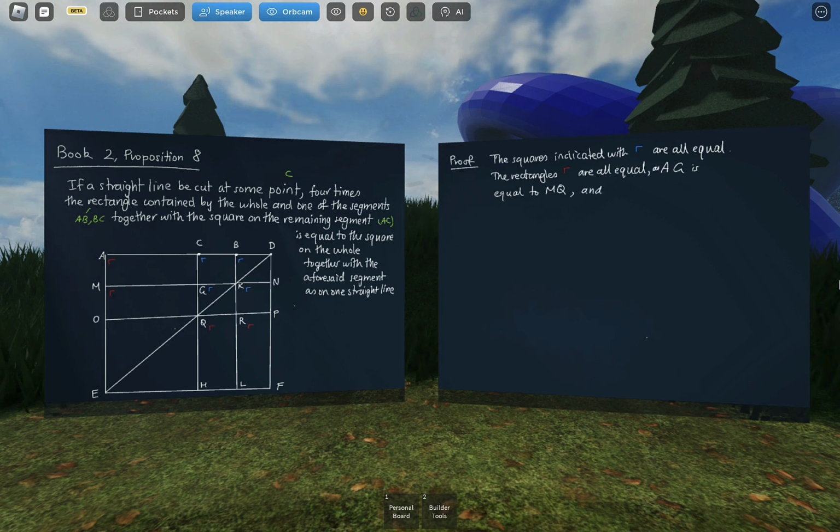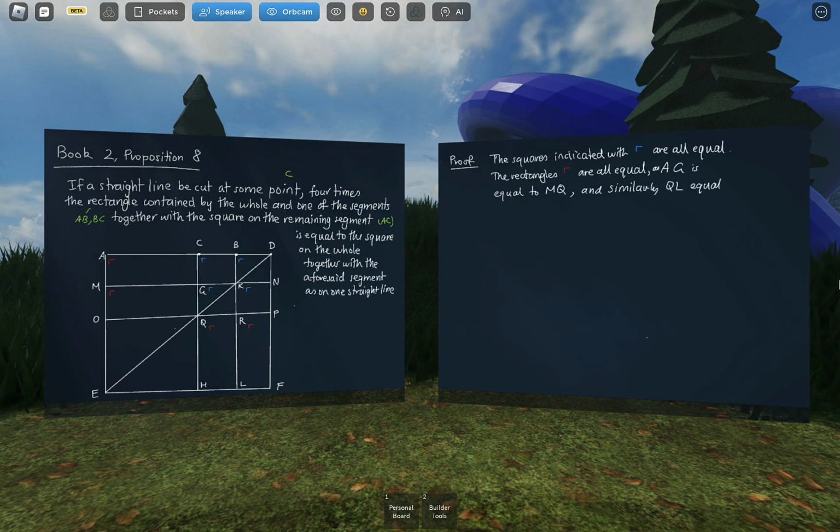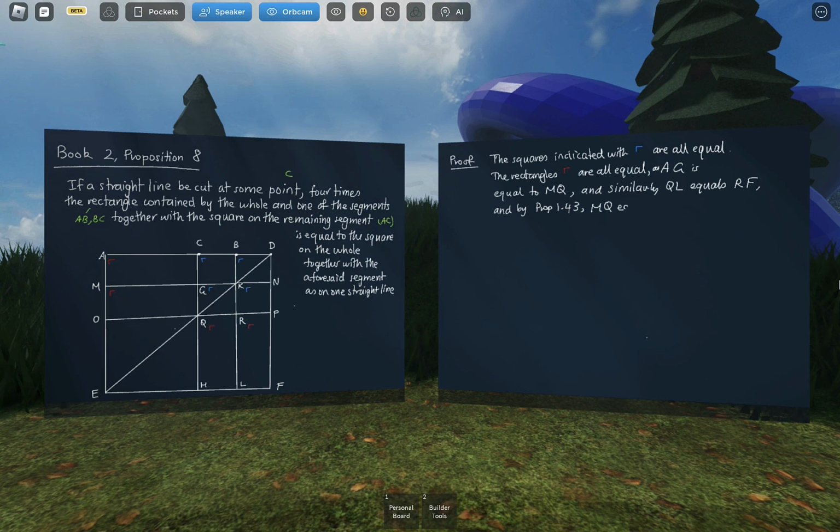Well, and similarly, QL equals RF, and by proposition 1.43, MQ equals QL.